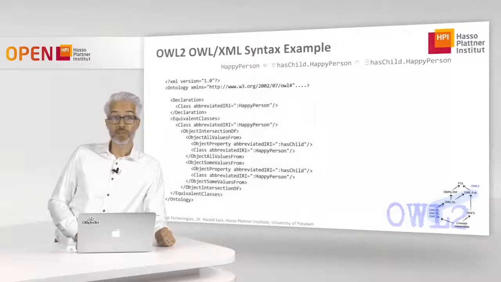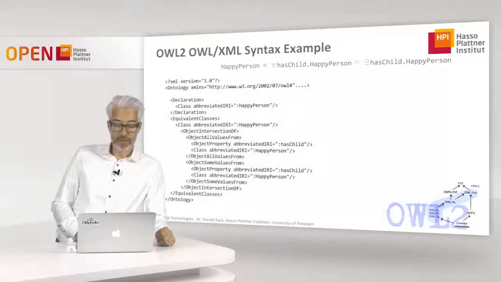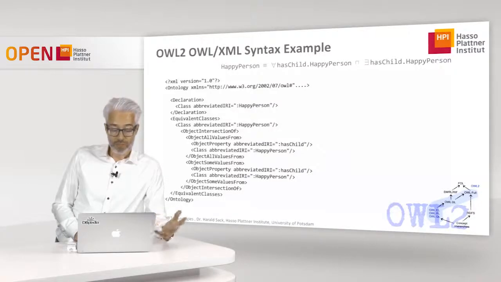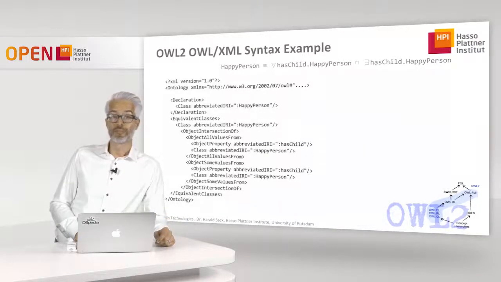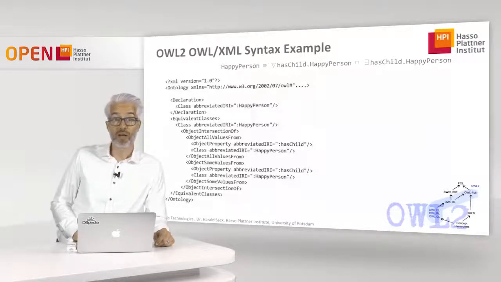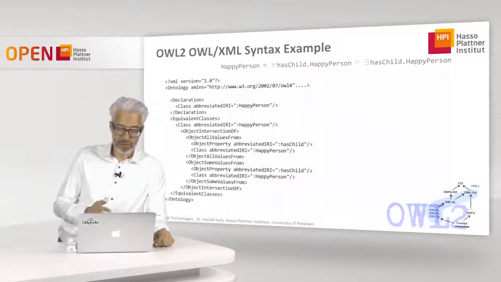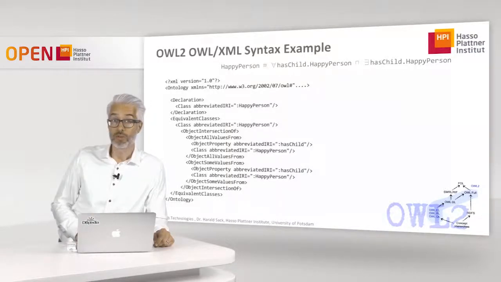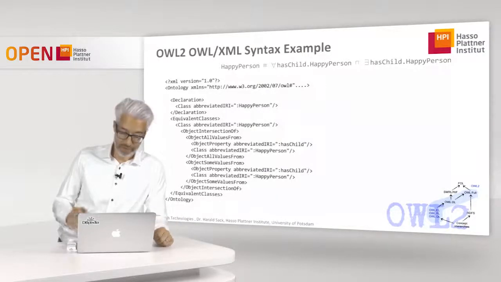The next one here is the OWL/XML syntax. This is a specialized version of XML serialization of OWL with a completely new vocabulary, which is also defined in a special namespace. So no XML namespace is needed anymore. We won't use it, at least not for our lecture. So you've seen it, you might forget it.